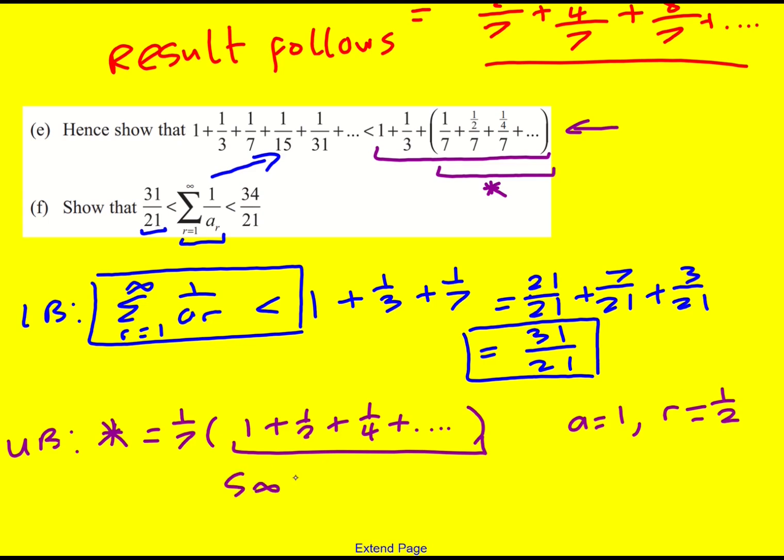So the sum to infinity is going to be a times... no, what am I talking about? It's the sum to infinity in general is a over 1 minus r. So here it's going to be 1 over 1 minus a half, which gives 2. And therefore star is actually going to equal 2/7.